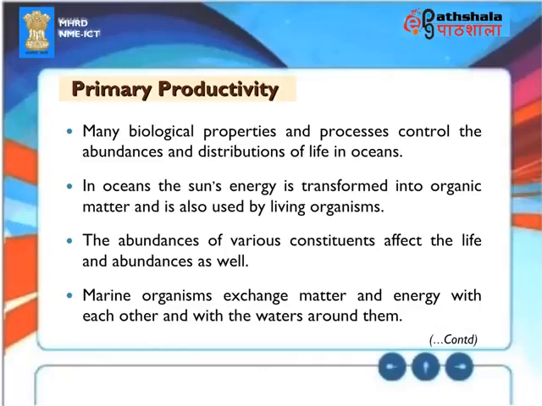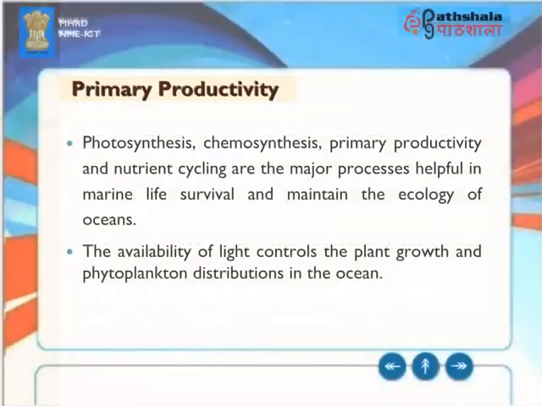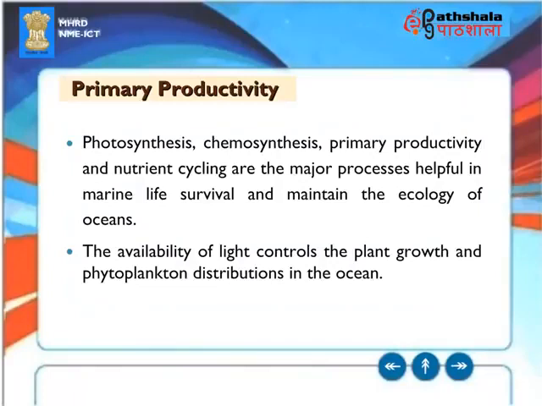Marine organisms exchange matter and energy with each other and with the waters around them. Photosynthesis, chemosynthesis, primary productivity, and nutrient cycling are the major processes helpful in marine life survival and maintain the ecology of oceans. The availability of light controls the plant growth and phytoplankton distributions in the ocean.